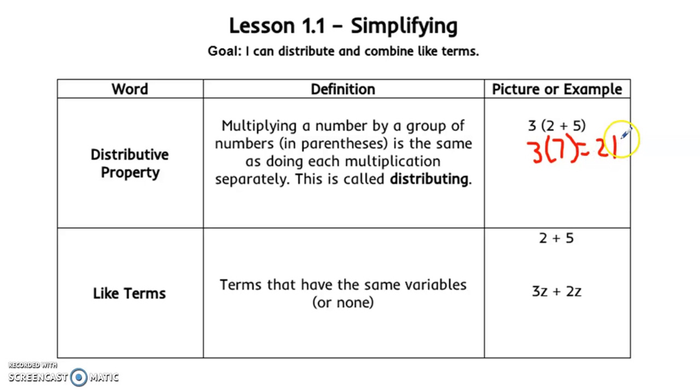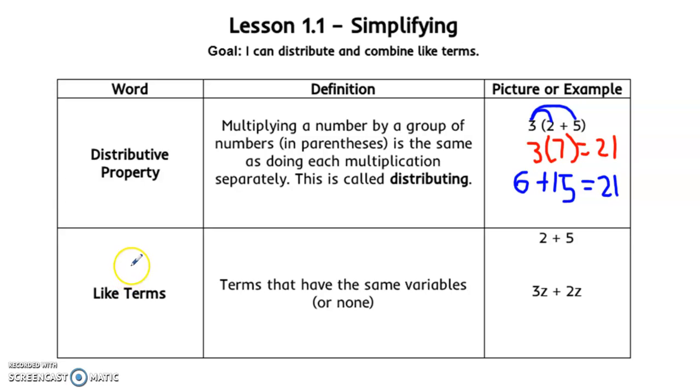Or if I use the distributive property, that would mean that I am going to times these guys before I add. So I would first do 3 times 2 is 6, and then 3 times 5 is positive 15. So 6 plus 15 equals 21. So that is the distributive property.